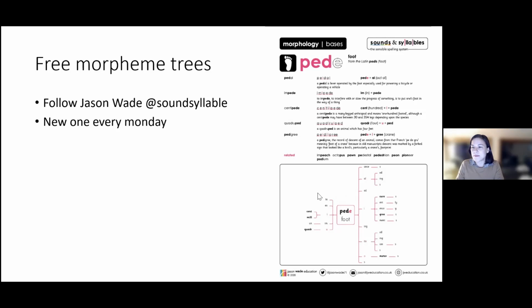And then you can play with it and have your students create their own words from this and figure out what it means based on their morphological breakdown.